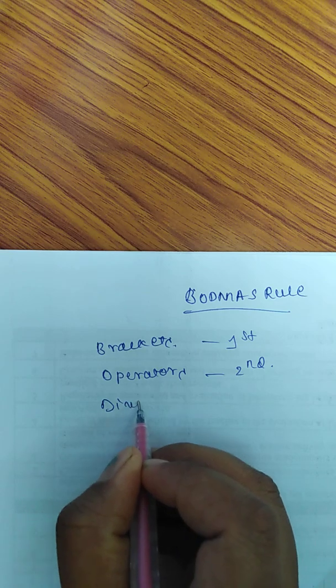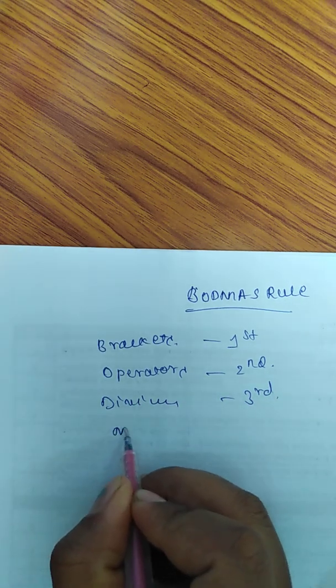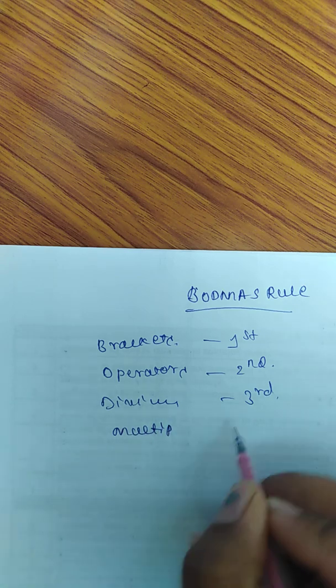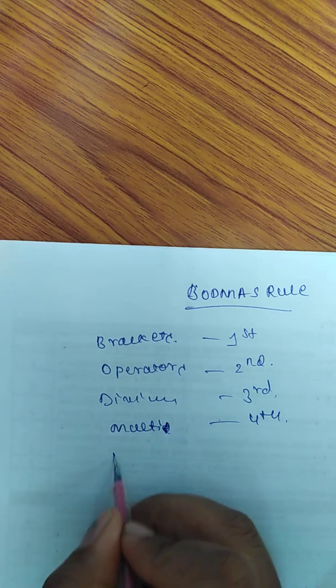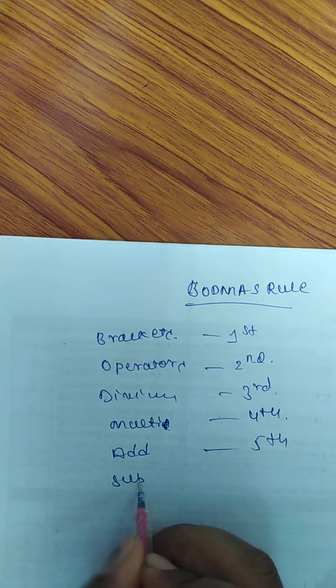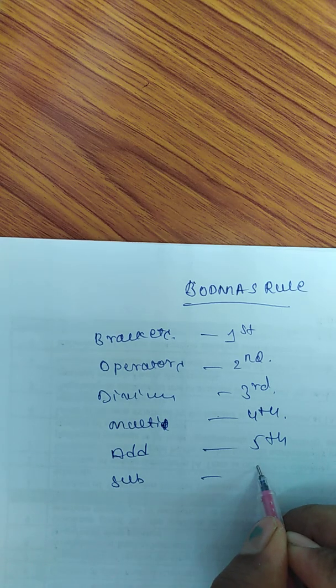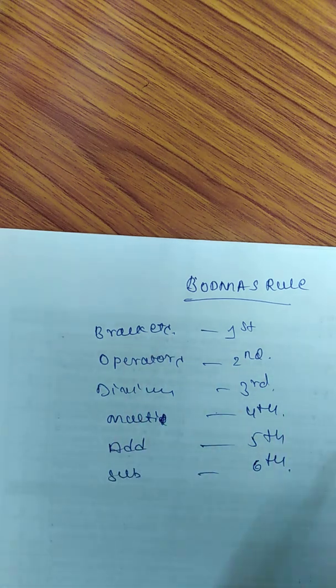Then D means division, the third. Then multiplication, fourth. Then addition, fifth. Then subtraction we can give the sixth preference in C programming.